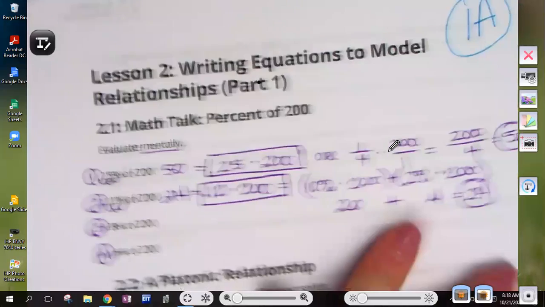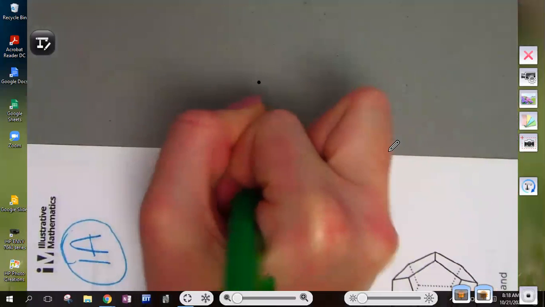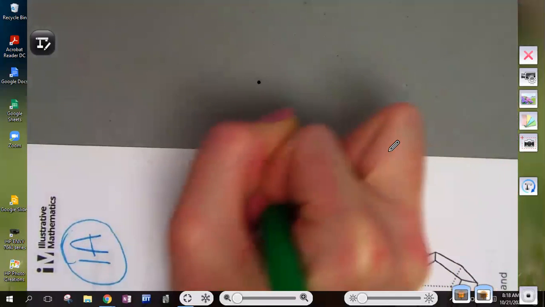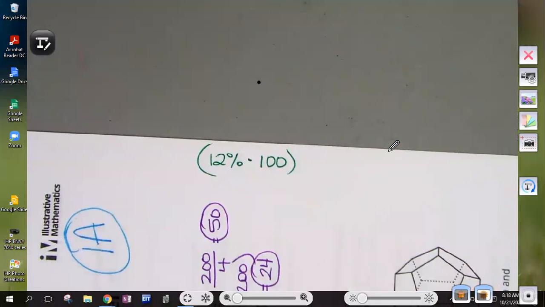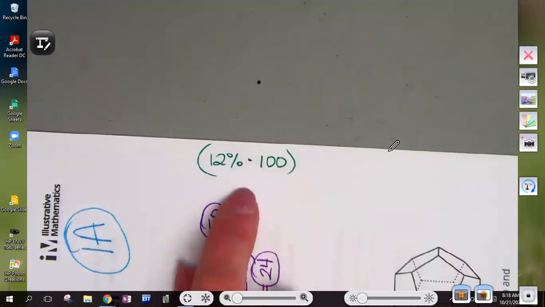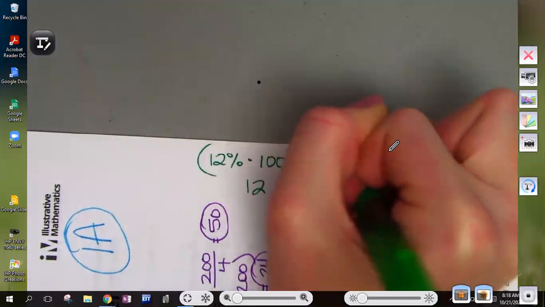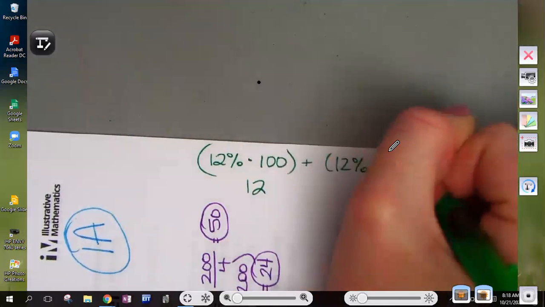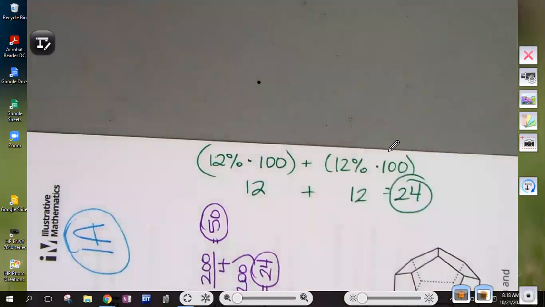So I said, I come over here and write it. I said 12% of 100. Well, percentages are already out of 100. So 12% of 100 would just be 12. Okay, so I just did that twice. That gives me 24.